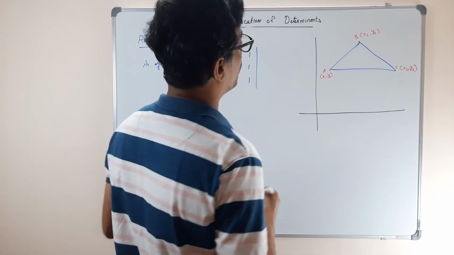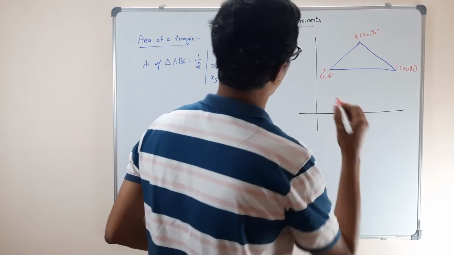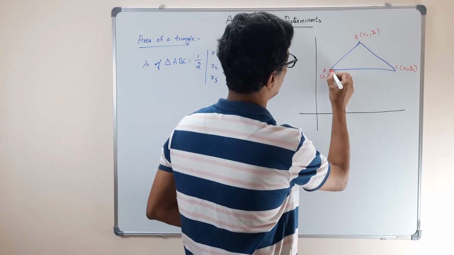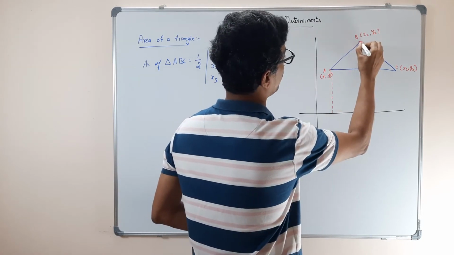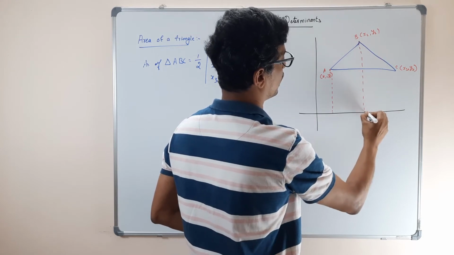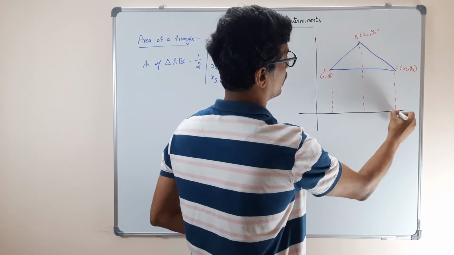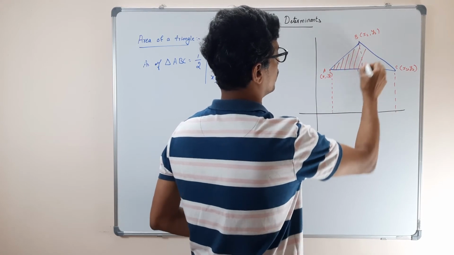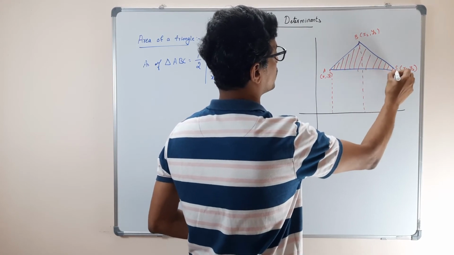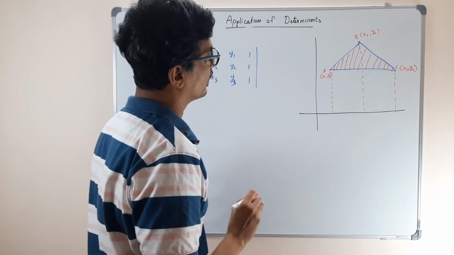Okay, how are we going to prove it? The proof is easy, but you have to do it in a lengthier way. So I am going to drop the perpendiculars down. You want to find the area of this triangle, correct?